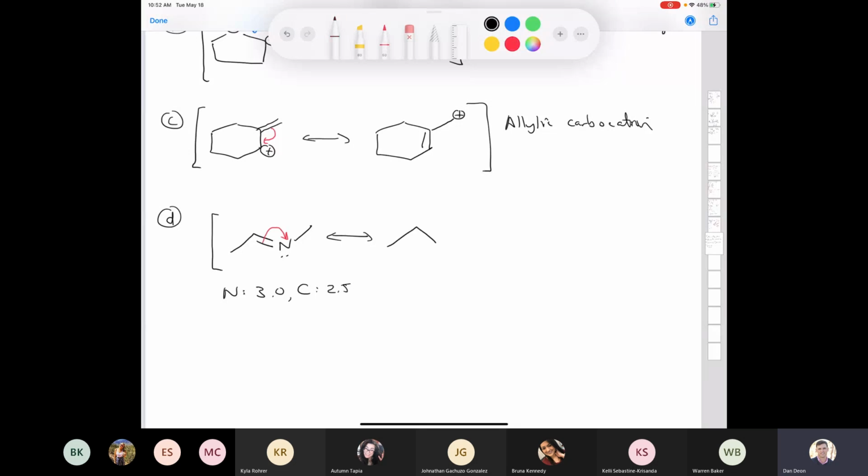And so let's draw what we would end up with. Now our nitrogen has two lone pairs, and so it's going to have a negative charge, and our carbon is going to be electron deficient, so it will be a carbocation. So we'll put here: pi bond between atoms with differing electronegativity.